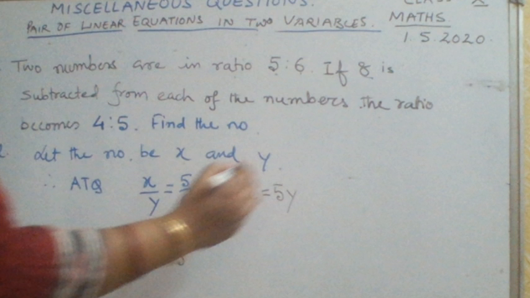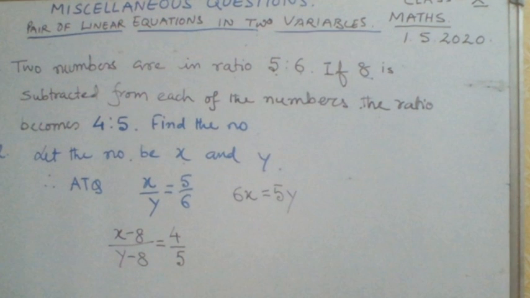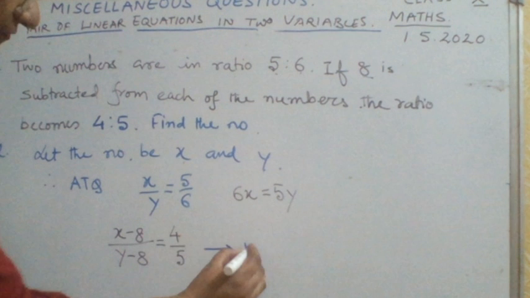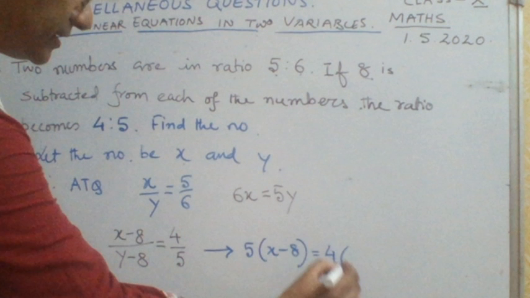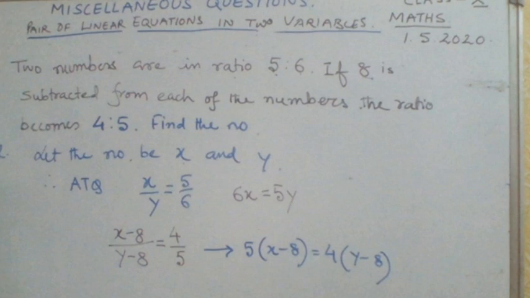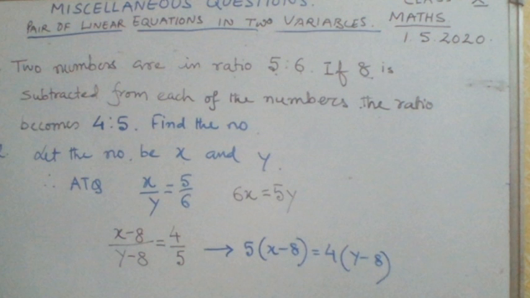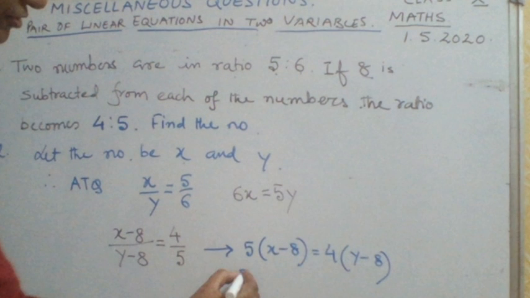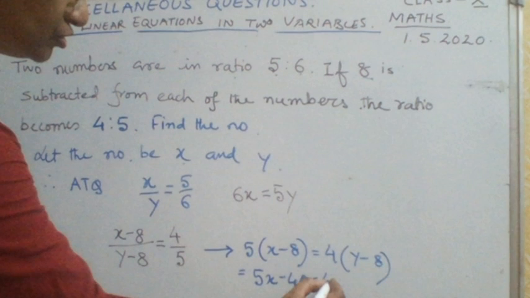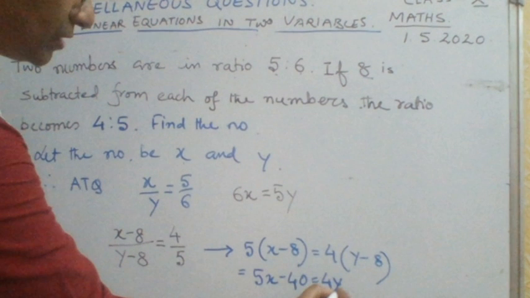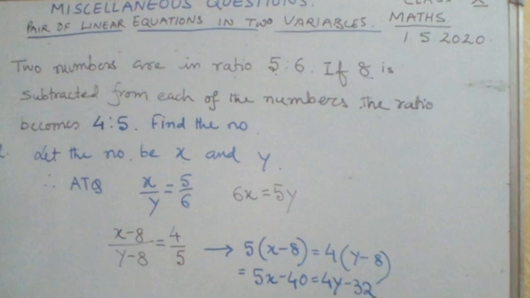6x equal to 5y, and this one gives you 5 into x minus 8 equal to 4 into y minus 8. So this is equal to 5x minus 40 equal to 4y minus 32.